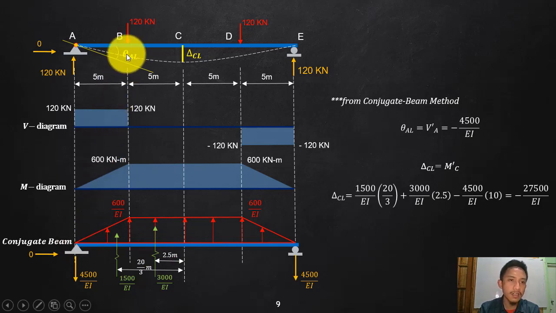So we are trying to get the rotation at A. The rotation at A is actually the shear of the beam loaded with the M over EI diagram. So if you try to draw the shear, actually the shear here is the support, isn't it? If you try to draw the shear and moment diagram, the shear is actually the support.